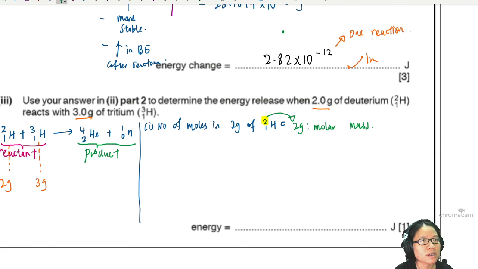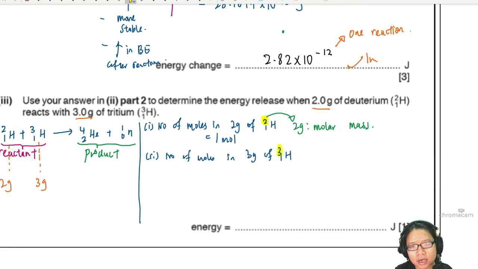So hence, the number of moles in 2 grams of deuterium is 1 mole. Okay, repeat again. Number of moles in 3 grams of tritium. So once again, you see this 3 here? This 3 means there's also 3 grams here, molar mass, mass of 1 mole. So this one also 1 mole, so cute one.